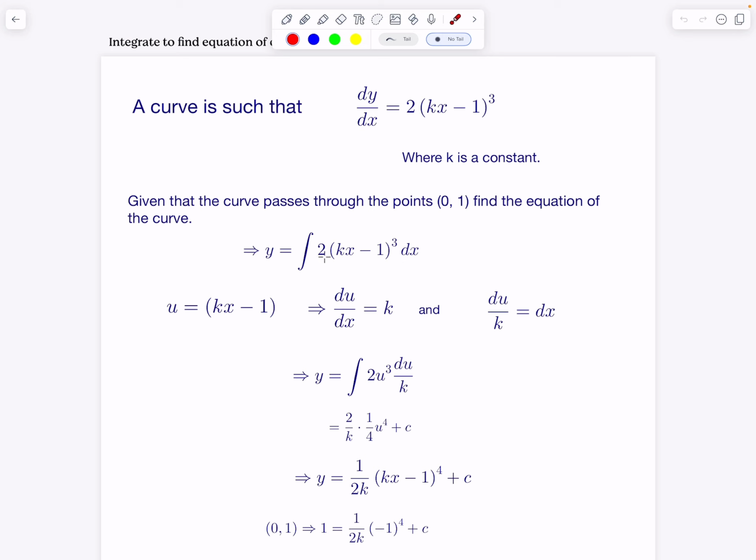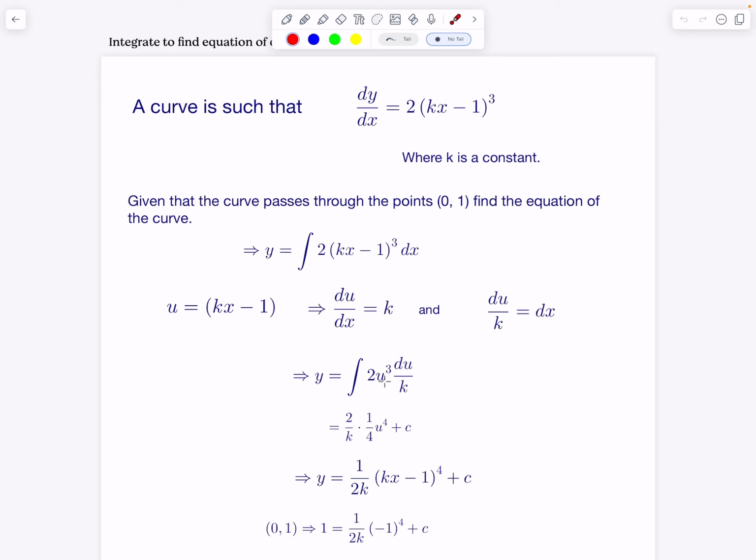So that's the 2. This is u cubed, so there's your u cubed. And the dx, remember here, is the same as du over k. So if you work through this, you've got 2 over k, take this out as a constant, and then you've got u cubed to integrate with respect to u.